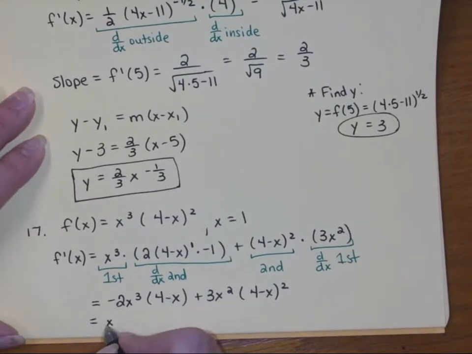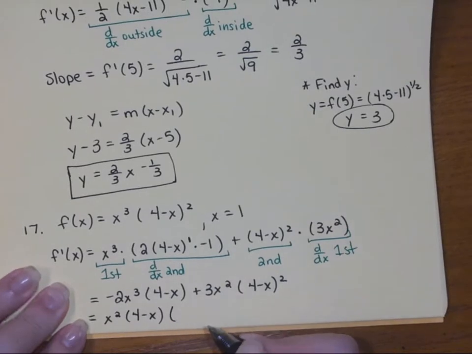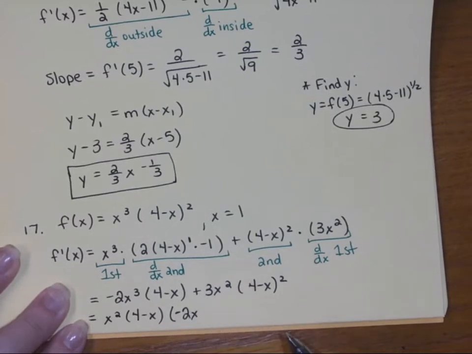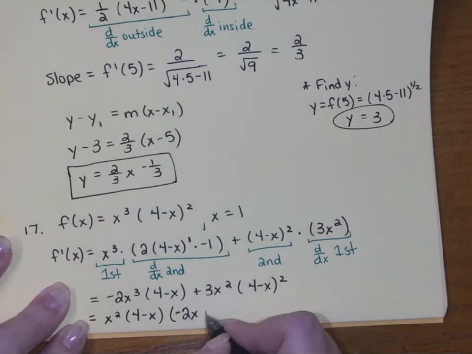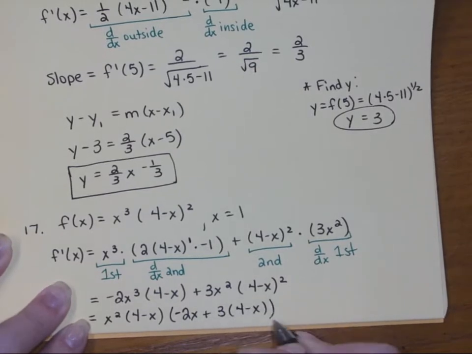They would say, okay, this has an x squared in common and one 4 minus x in common. So if you were to divide that out, if you divided this from this, you would have negative 2x. If you divided this out of this, you would have a 3 parentheses 4 minus x.